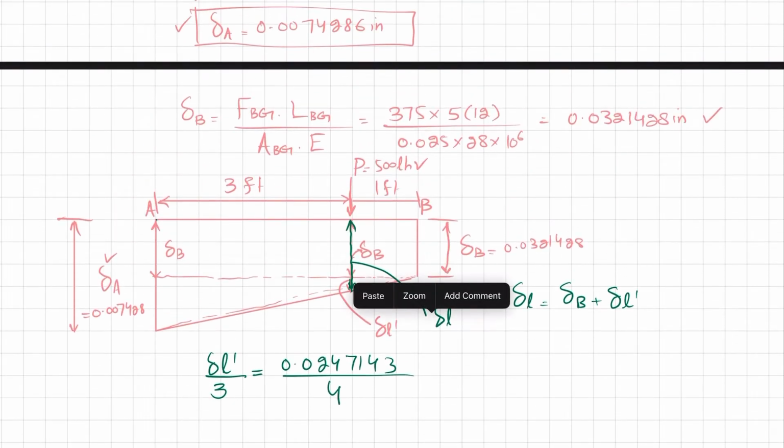Okay, so del L dash over this 3 feet, 1 feet is equal to this over total L. Okay, so del L dash over perpendicular distance over here. Then this is point B. At point B we have 0.034.